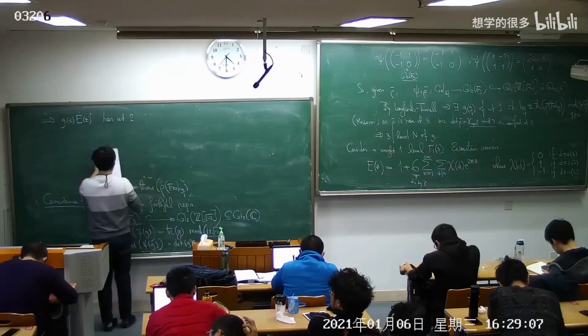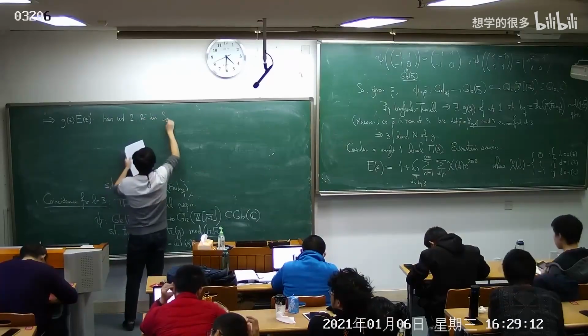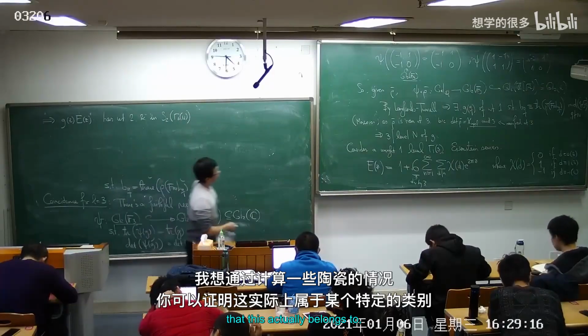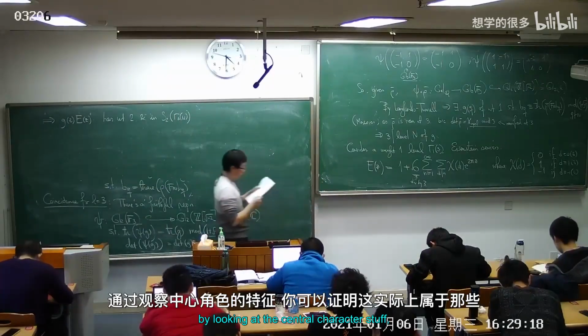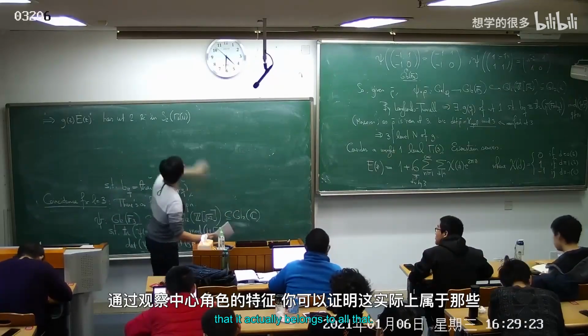By counting some sort of ramification, and by looking at the central character, you can show that this actually belongs to gamma_0(n).